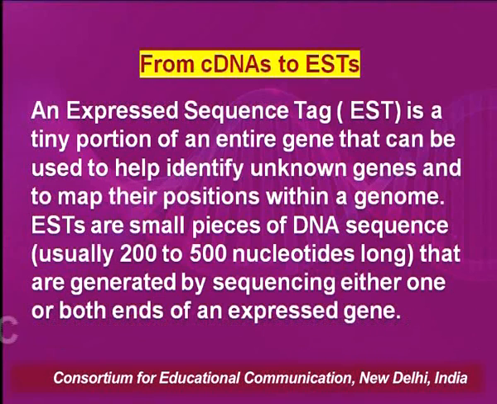ESTs are small pieces of DNA sequence, usually 200 to 500 bases, generated by sequencing either one or both ends of an expressed gene. The idea is to sequence bits of DNA that represent genes expressed in certain cells, tissues or organs from different organisms, and use these as tags to identify the genes.